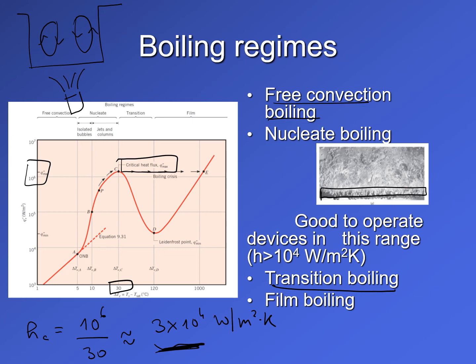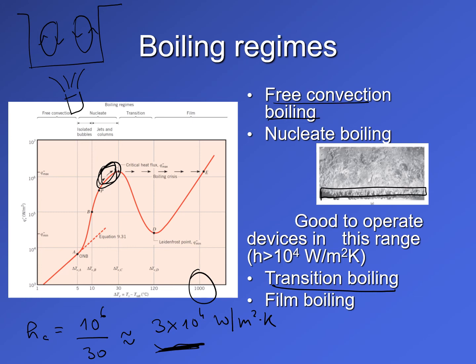But the scary thing about running at point C is that if you slightly increase the heat flux, you suddenly jump to point E from C, and this point E has extremely high surface temperatures, which can result in the melting of the nuclear rods. So although C is the optimum point, because it is very close to E, we tend to run the system slightly below C, somewhere here, so that we have enough control range available to prevent the jump from point C to E. And then we can also run at a very high value of heat transfer coefficient in this region.